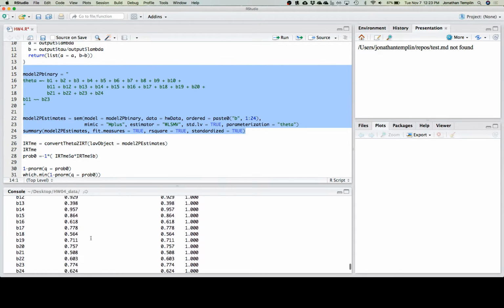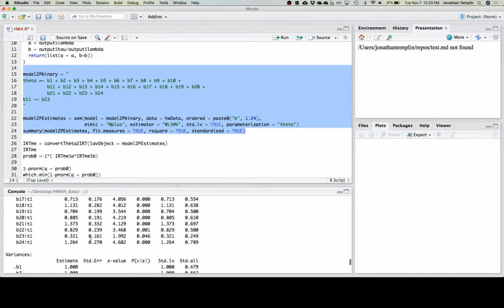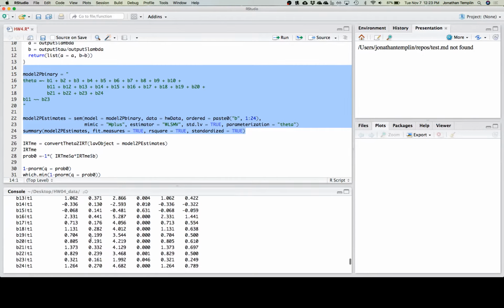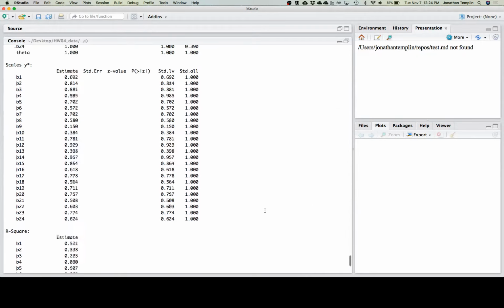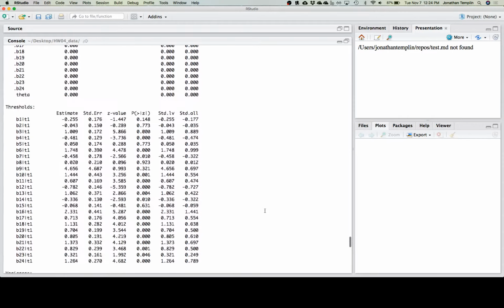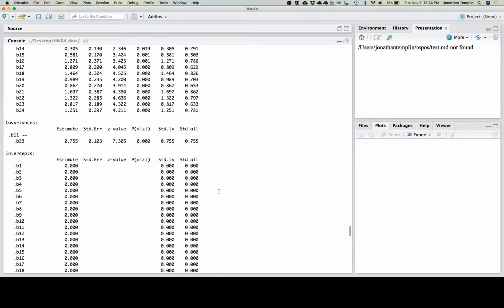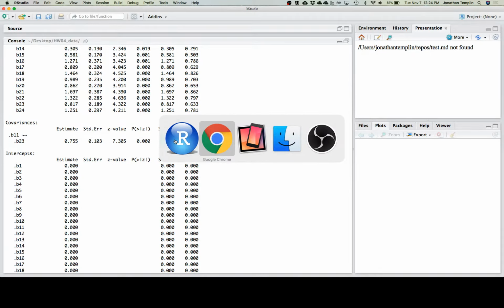And the value I have in my analysis, it doesn't mean it's right for what we have, is, let's see where it is. Variances, thresholds, intercepts, there it is. This one, 0.755, is the value.